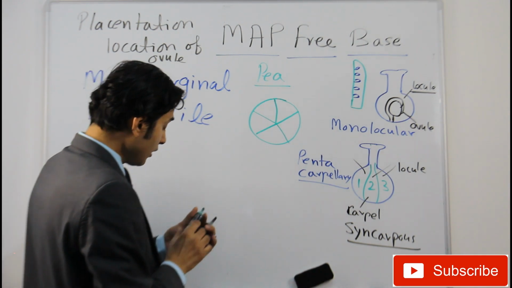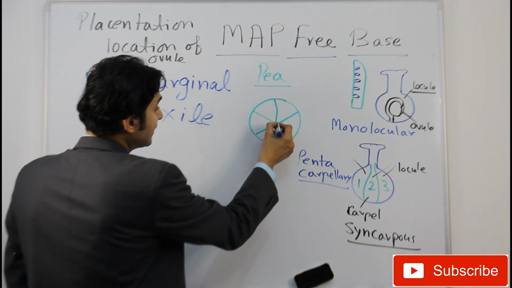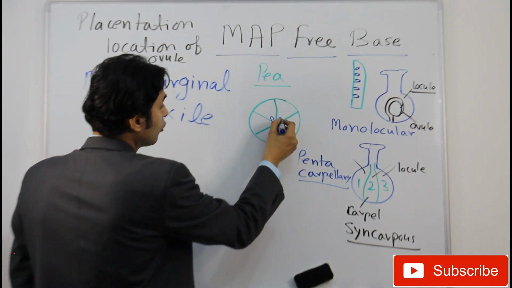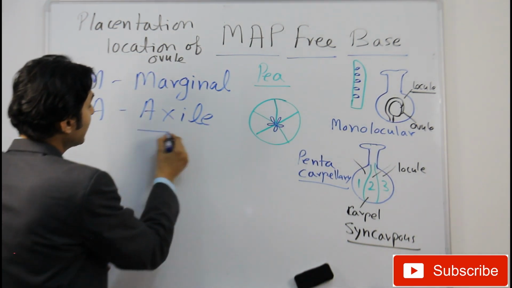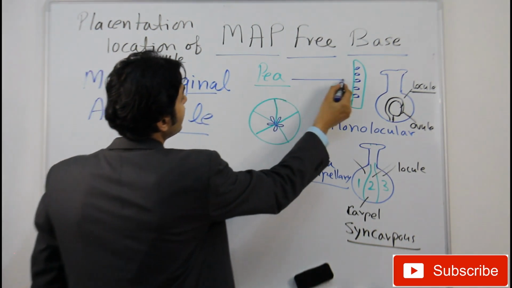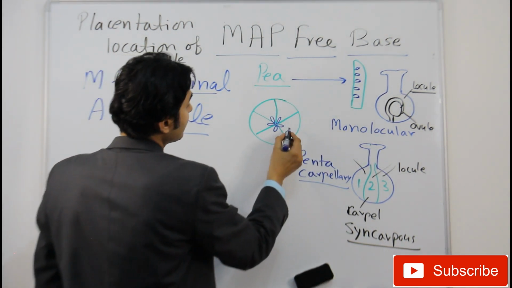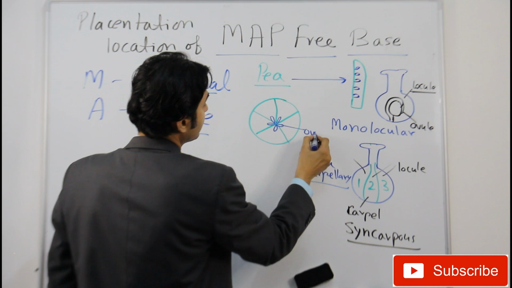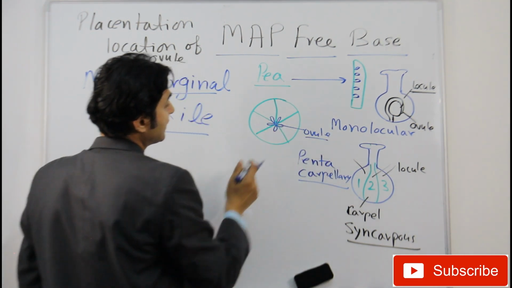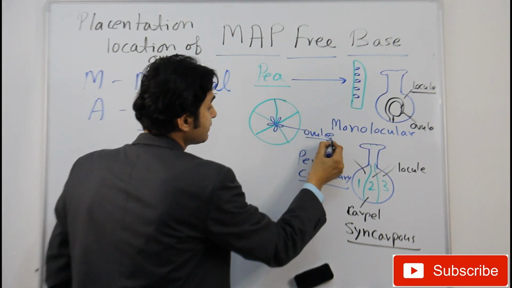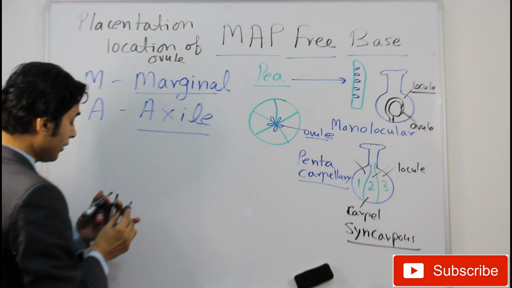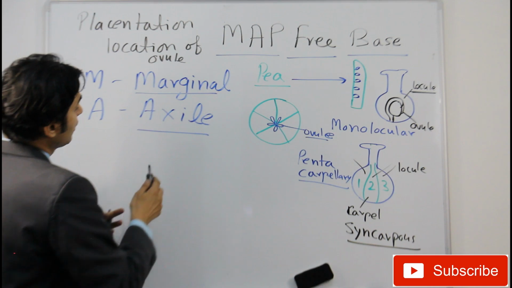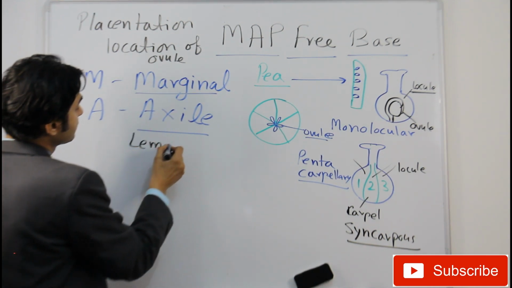Now, when they are meeting here in the center, in the axis, there are ovules attached at this point. This is called axile. Marginal we have seen, and this is called axile. This is the ovule, and they are attached in the center here, that's why in the axis or center. The example of this is lemon.